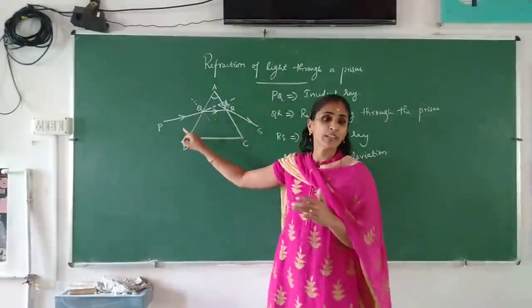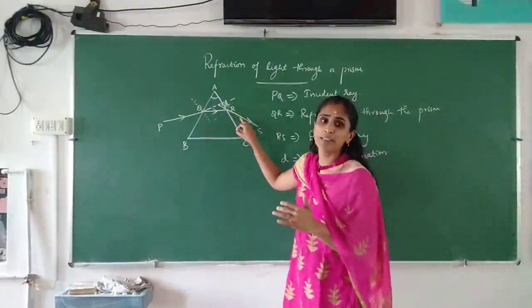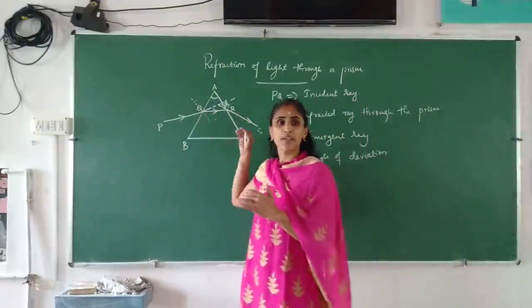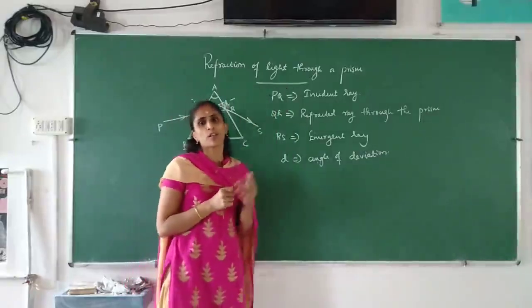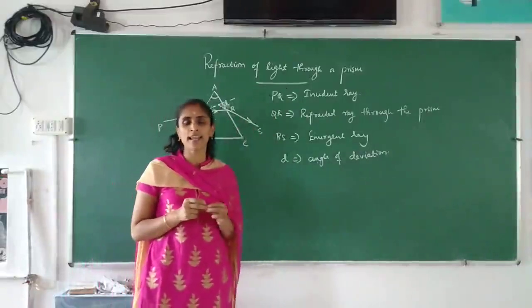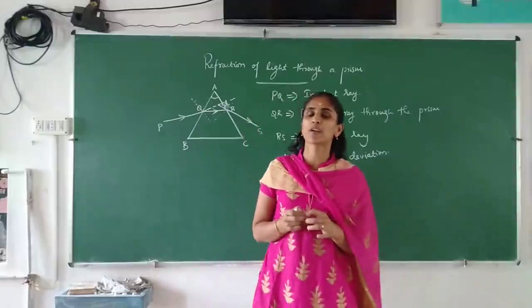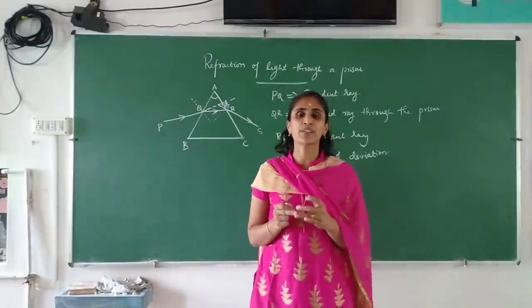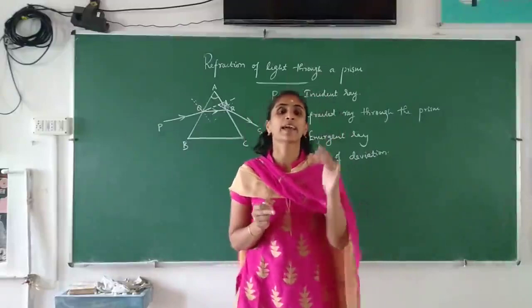Then you can view the image of those two pins through this face and keep two other pins. Then you will get the marks of the pins, and if you remove the pins, you can draw the lines and measure the angle of incidence and angle of emergence, and get a relation between the angle of incidence, angle of emergence, angle of the prism and angle of deviation.